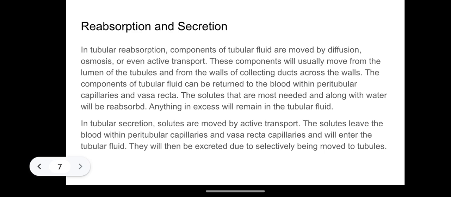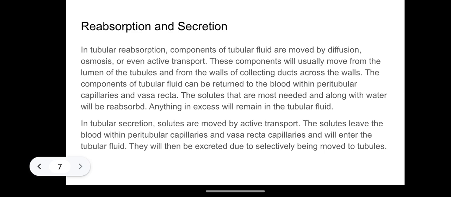Components of tubular fluid can be returned to the blood within peritubular capillaries and vasa recta capillaries. The solutes that are most needed, along with water, will be reabsorbed, and anything that's in excess will remain in the tubular fluid. In tubular secretion, solutes will be moved by active transport.